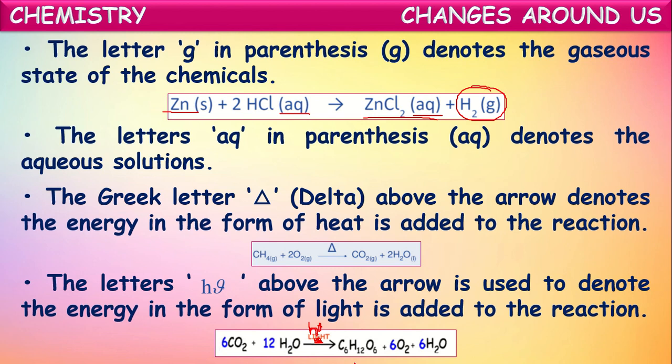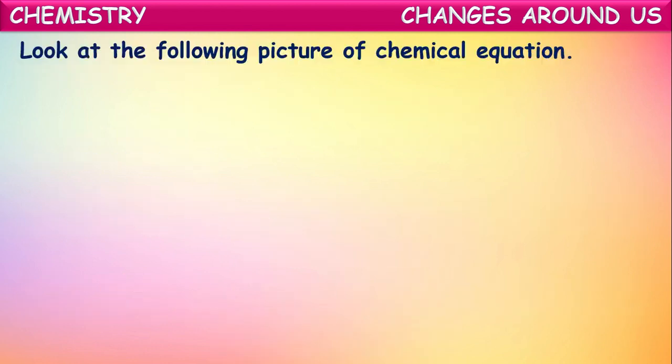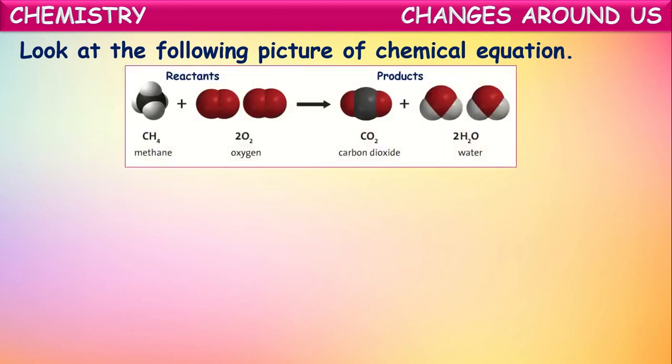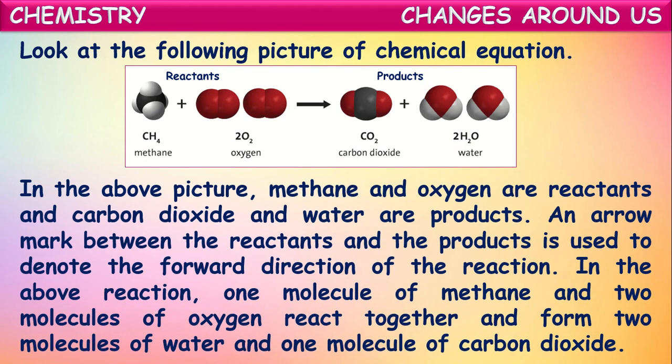Okay, in this way, this all indicates certain symbolic representations of the chemical equation. Look at the following picture, which is representing a chemical equation. Okay, in the above picture, methane and oxygen are reacting together to form carbon dioxide and water as the products.